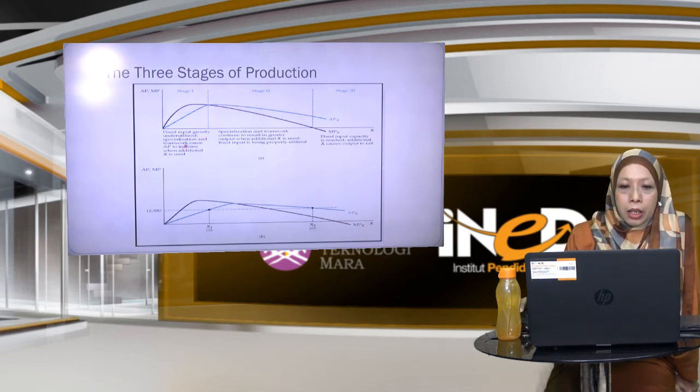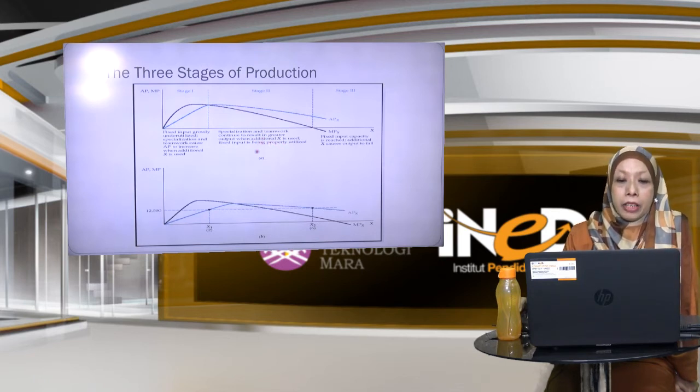Specialization and teamwork will cause average product to increase when additional variable input is used. Now in stage 2, specialization and teamwork continue as a result of greater output when additional variable input is used. So in this stage you can see that fixed input is being properly utilized.